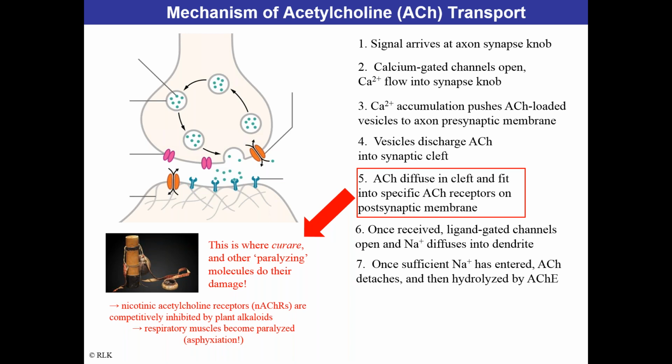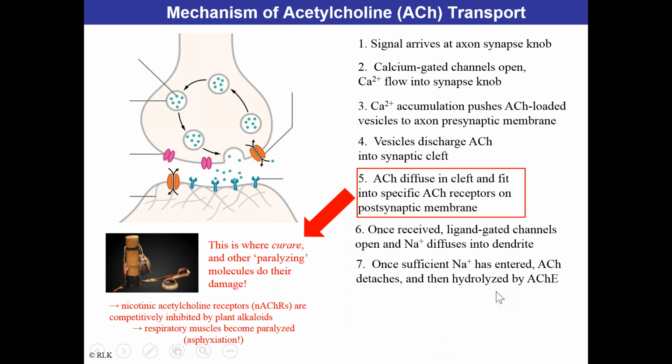So instead of calcium, which was required in order to open the synapse knob and allow the vesicles to be opened and have the acetylcholine be transmitted into the cleft, now, once the dendrite receives it, sodium cations within that postsynaptic membrane are going to be able to continue that electrical signal.